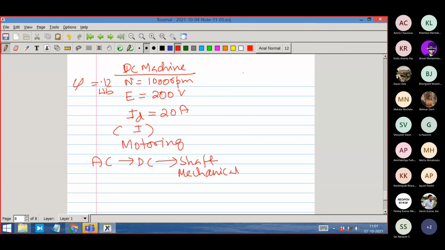Then the DC machine can operate in another way in a steady state, that is reverse. That means N is equal to minus 1000 RPM. You are rotating the machine in the reverse direction, and you have generated speed corresponding to 200 volt because the flux is not changed. Flux is the same value, so minus 200 volt, and you are taking a current of minus 20 ampere.